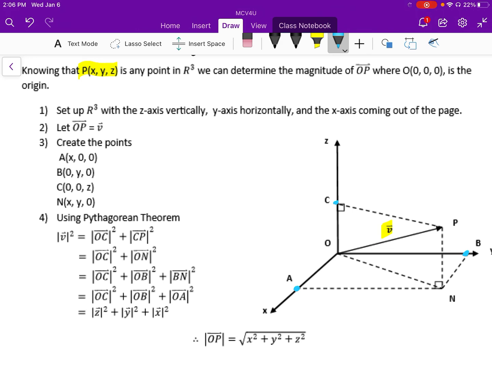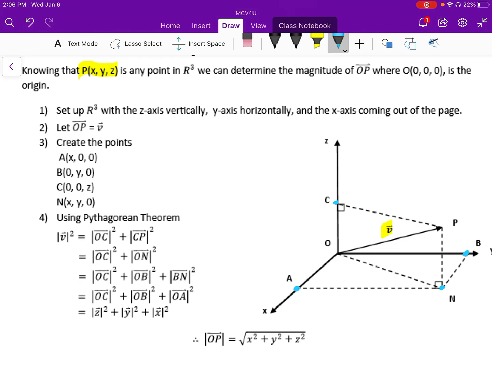If we look at ON, it's set up as the projection of OP onto the XY plane, so we can see that N itself is going to be (X, Y, 0). Now, we're looking at things that are all 90 degrees here, orthogonal, or normal to each other.